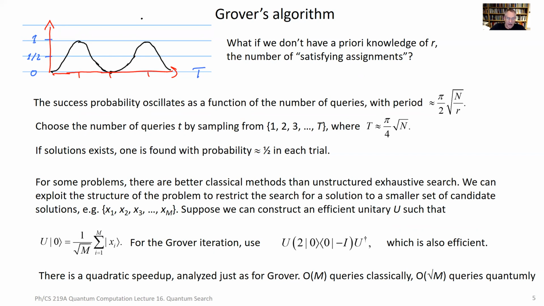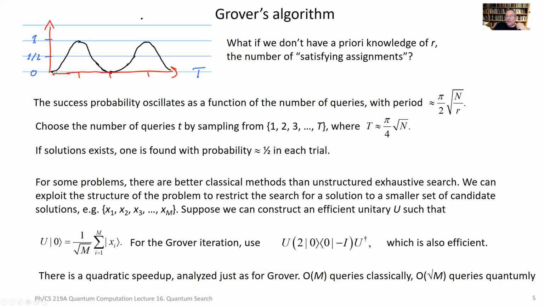And the number of queries that we should choose if r is larger is going to be less than that. But what I can do is just sample uniformly from the possible numbers of queries ranging 1, 2, 3 up to, well, it'd be kind of silly to just do a few, but essentially sample uniformly from all possible numbers of queries up to capital T, which would be the optimal number of queries in the case where there's just one solution. And so then I'd be sampling from this sinusoid essentially.